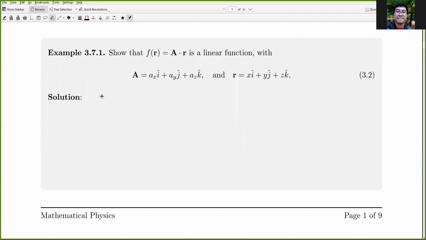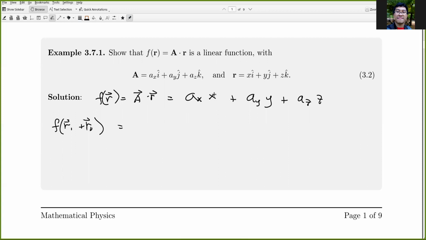So f of r, A dot r, is equal to Ax x plus Ay y plus Az z. Then if you replace r here by r1 plus r2, this becomes Ax times (x1 plus x2) plus Ay times (y1 plus y2) plus Az times (z1 plus z2).